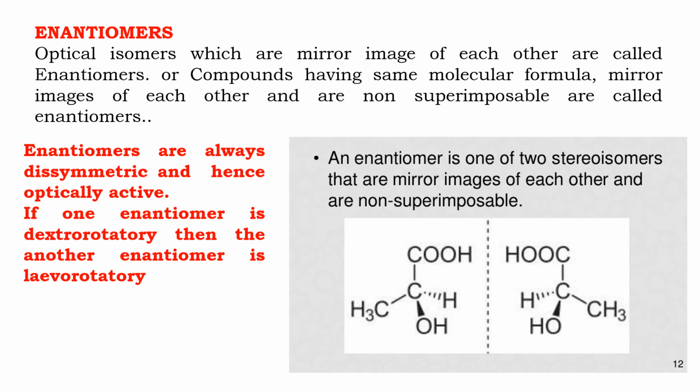So we have defined the conditions for a molecule to be optically active. Now we move to another term called enantiomers. What are enantiomers? Enantiomers are basically optical isomers.